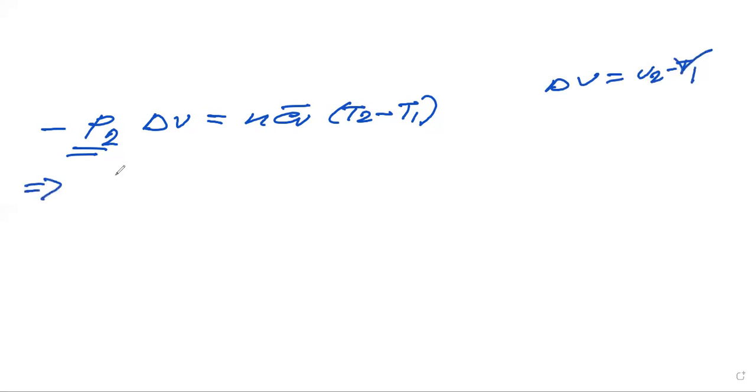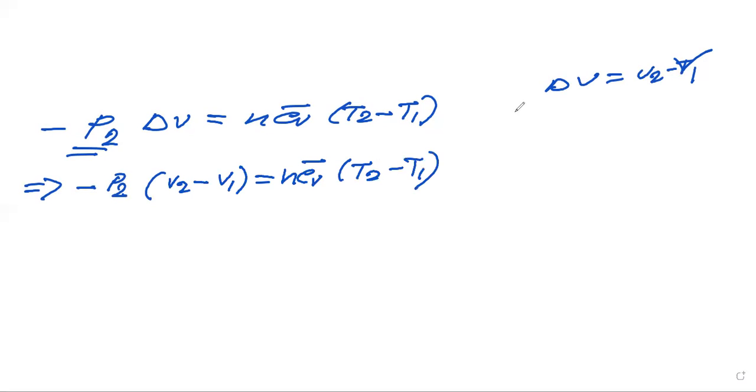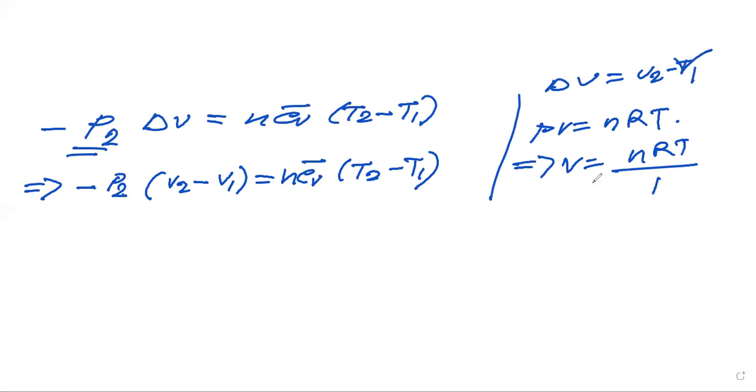We can write minus P2 into (V2 minus V1) equals n Cv bar (T2 minus T1). Now, from the ideal gas equation, we know that PV equals nRT. So V equals nRT by P, where V is volume, n is number of moles, R is the gas constant, T is the temperature, and P is pressure.